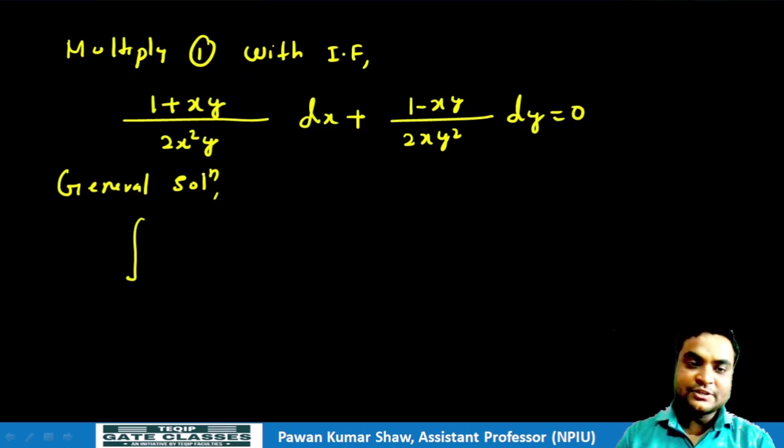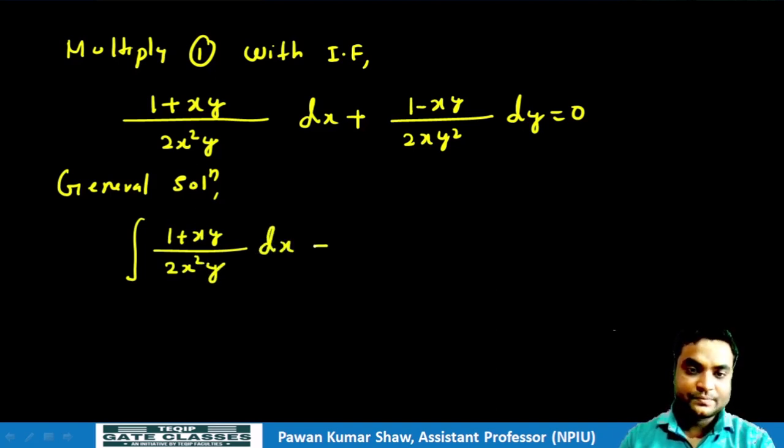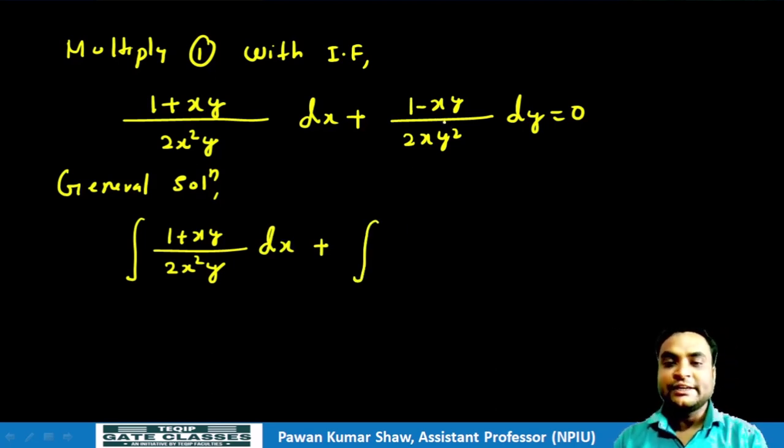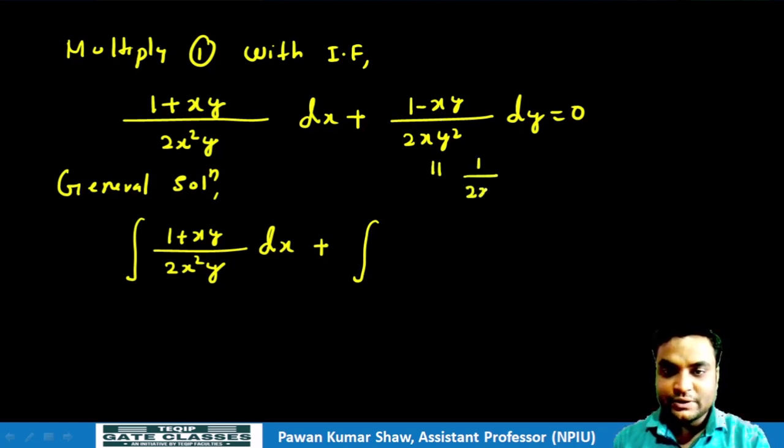Now the updated M is this one, so we will take the whole entire term 1 plus xy divided by 2x square y dx. और सेकेंड टर्म क्या होगी हमारी? सेकेंड टर्म ऐसे टर्म को लेंगे which will not contain x. So we can write this entire term, that is 1 by 2xy square minus, if you divide individually, 1 by 2xy square minus y by 2y square.